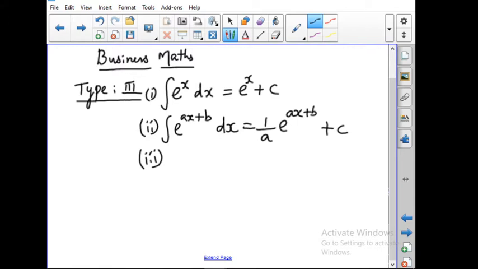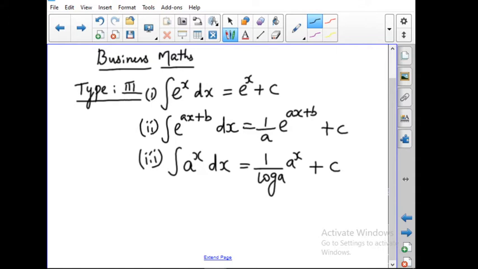Third formula, integral of a power x dx. In differentiation, differentiation of a power x is a power x log a. Here it is 1 by log a into a power x, since it will be in the division. So plus c.